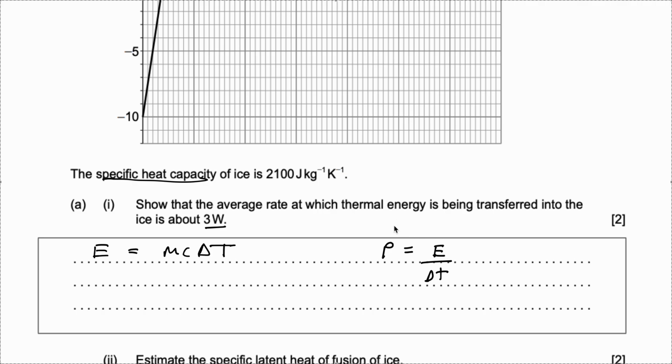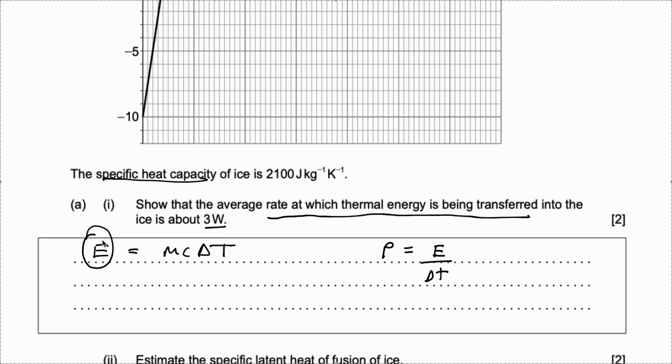They want the rate at which the thermal energy of the ice is changing. So we have the term E, but we want to write it in terms of P, power, because that's what we want to solve for, since 3 watts is a unit of power.